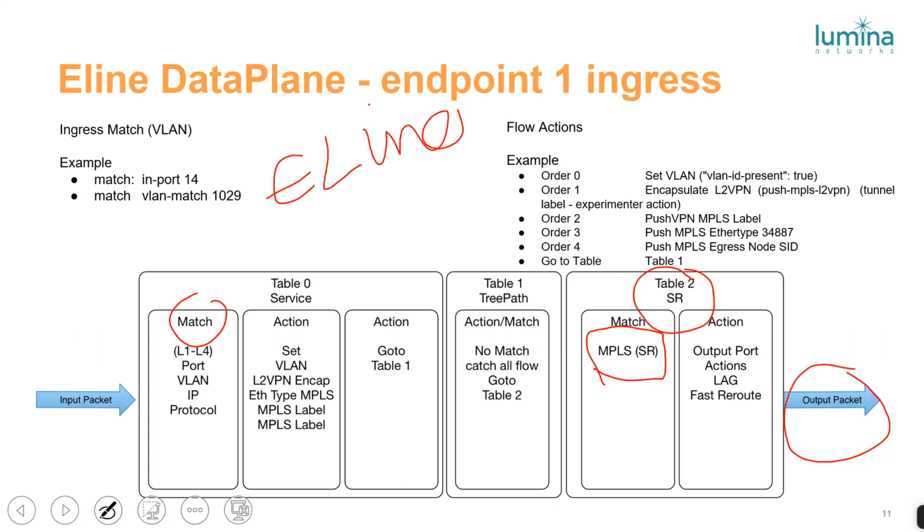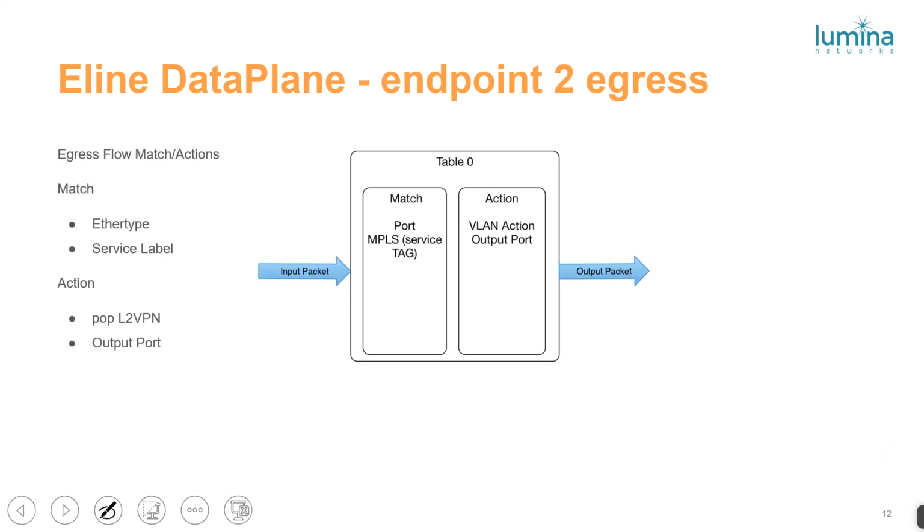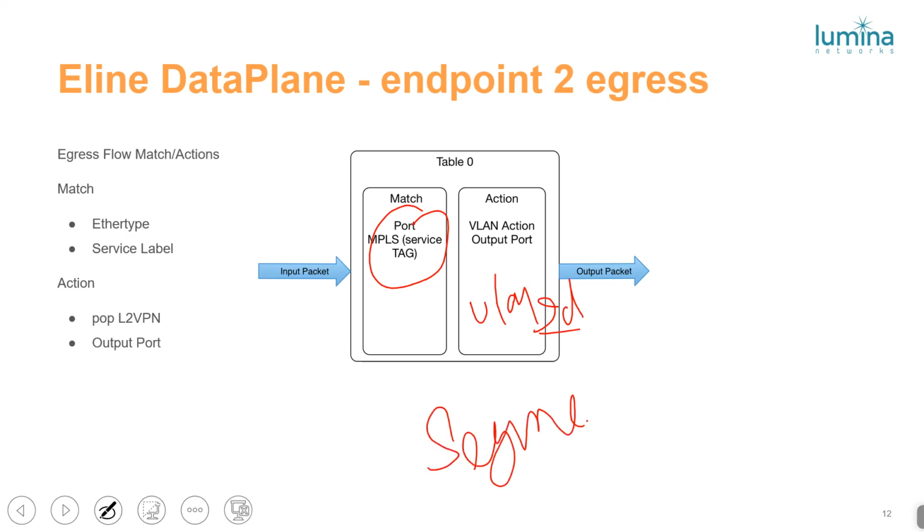Okay, so this was on the ingress node. On the last node, which is the endpoint in this case, you would only have the MPLS service tag, which should tell you what the service is, and then the egress node would remove that tag from the packet and append a VLAN ID if needed and send it out to the endpoint. So it sees the port on which the packet is coming and the MPLS service tag.